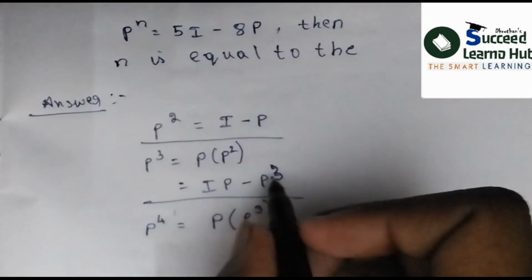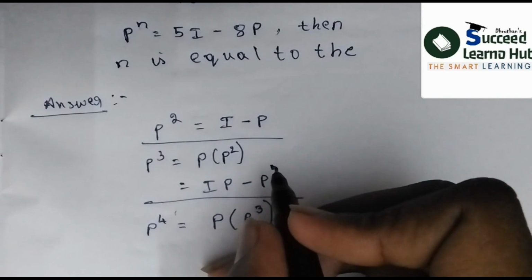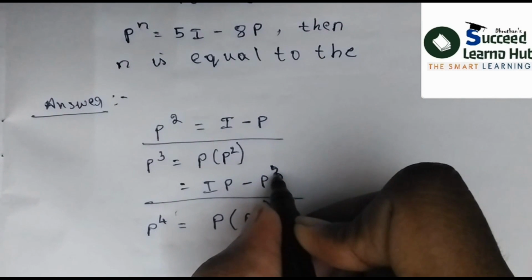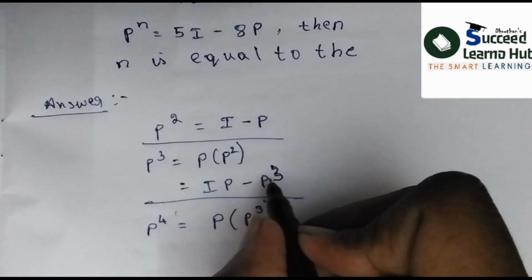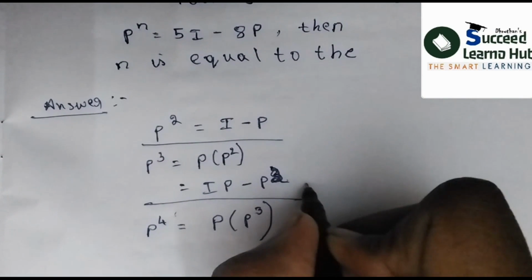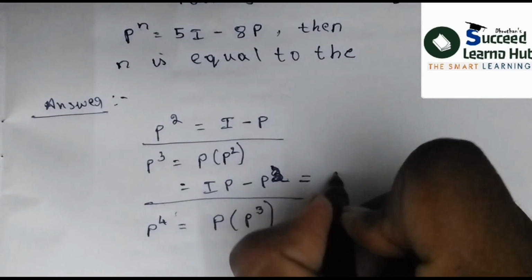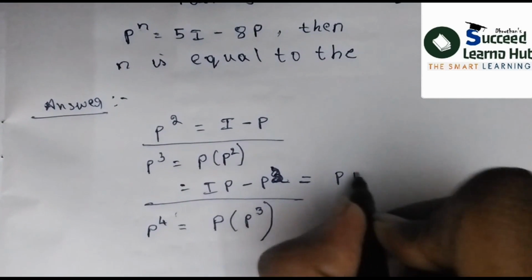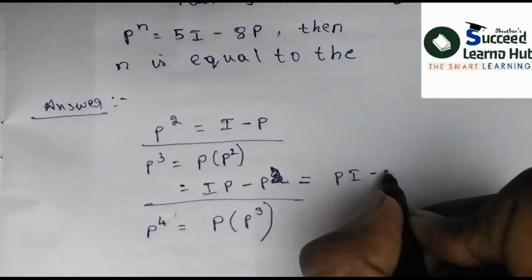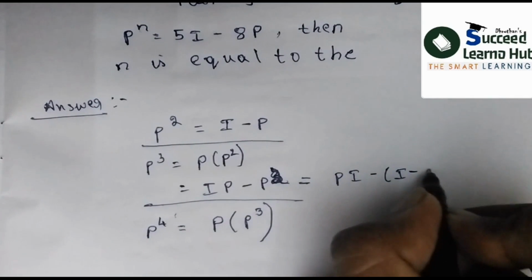Yeah, friends, here I have written the wrong answer. It is IP minus P square, which is, if we simplify it again, we get PI minus (I minus P).